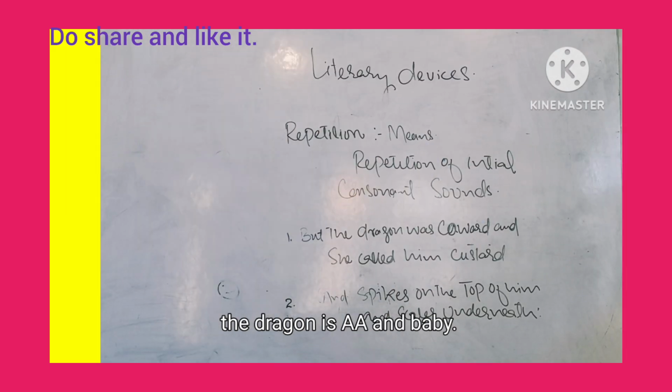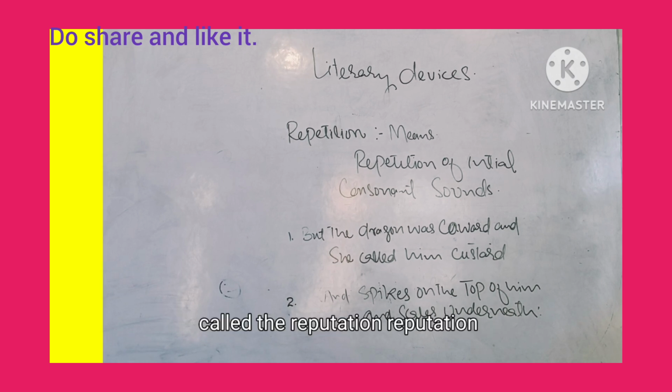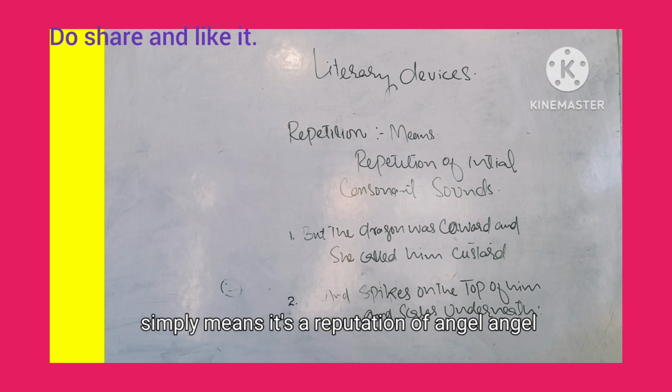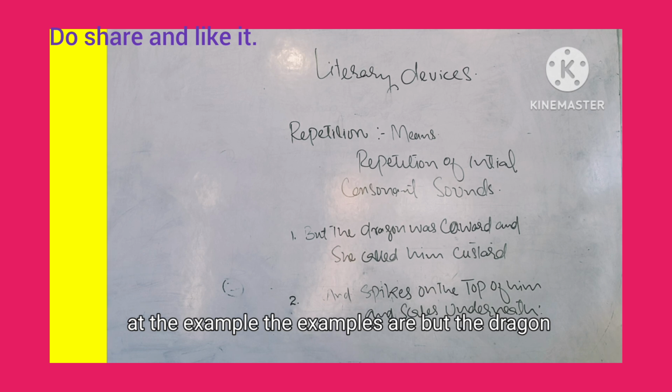Moving to the next poetic device, that is called repetition. Repetition simply means repetition of consonant sounds. The examples are: but the dragon was covered, and she called him Custard.